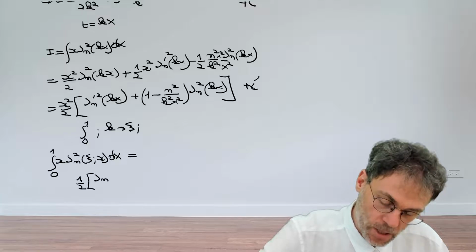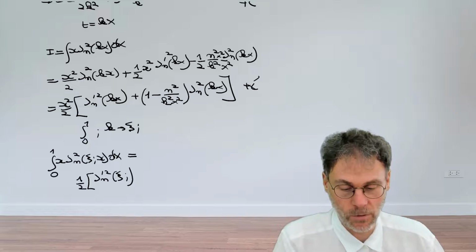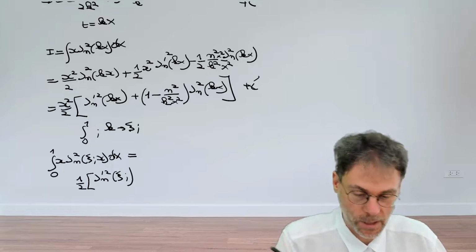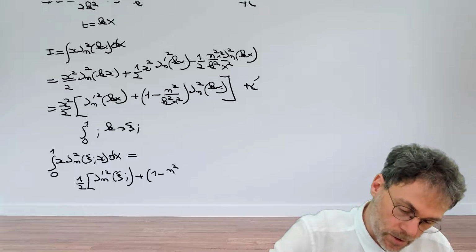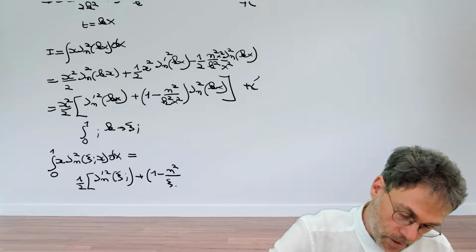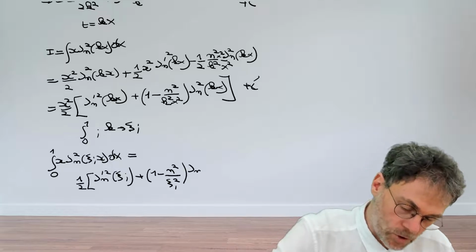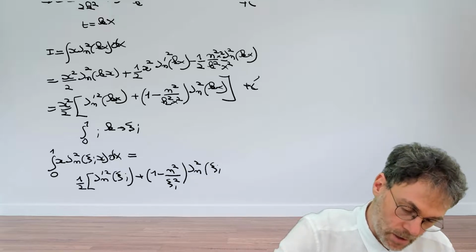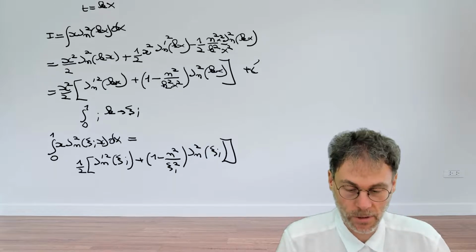Then we have jn prime squared of psi I, so x is equal to 1 and k is equal to psi I. And then we have plus 1 minus n squared divided by psi I squared, x is equal to 1, and then we have jn squared psi I. Okay, that's the upper bound.